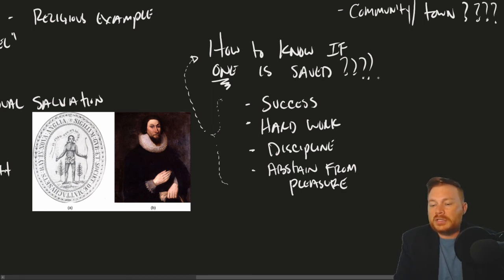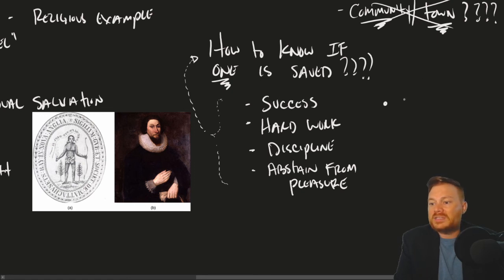And so it was instrumental for not only individual people to follow this in order to go to heaven, but it was important for everybody in the community and the town. Because if one person was not hardworking, was not disciplined, engaged in some sort of worldly pleasure, that could be a sign that the entire community or town was destined for hell.